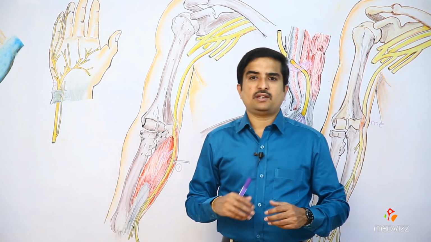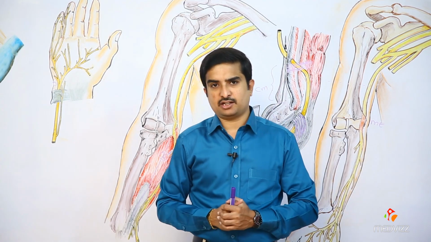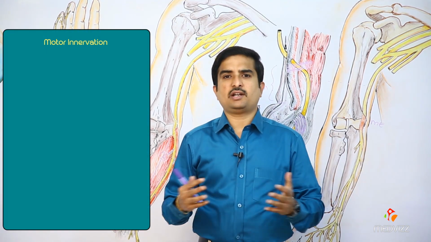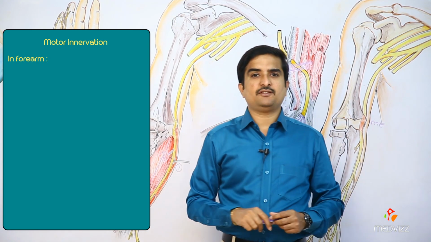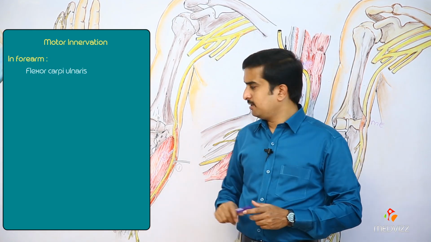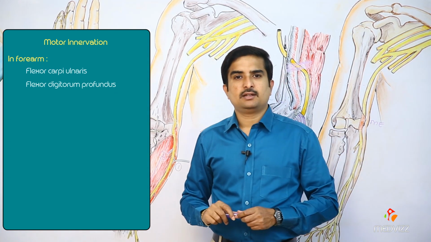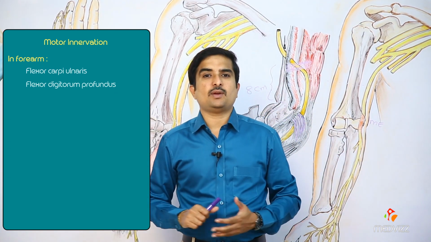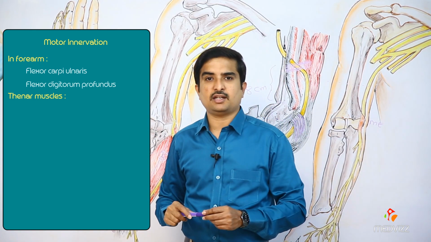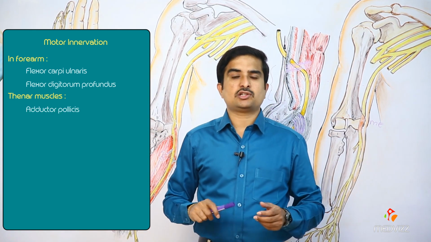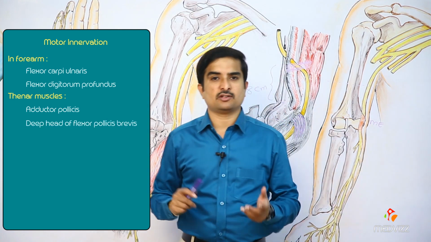So what is the innervation of the ulnar nerve? We already discussed that it has a motor innervation. In the forearm, it innervates the flexor carpi ulnaris and flexor digitorum profundus. It also innervates the thenar muscles, because it arches over and supplies them, that is adductor pollicis and occasionally the deep head of flexor pollicis brevis.